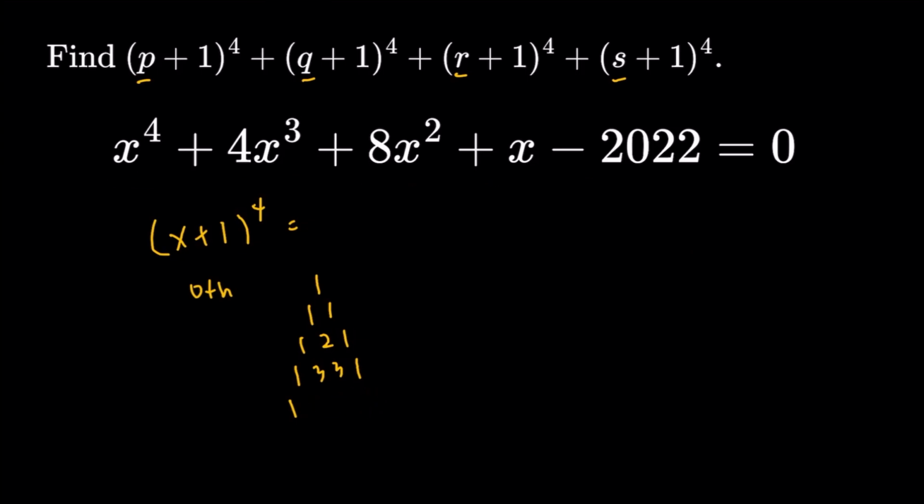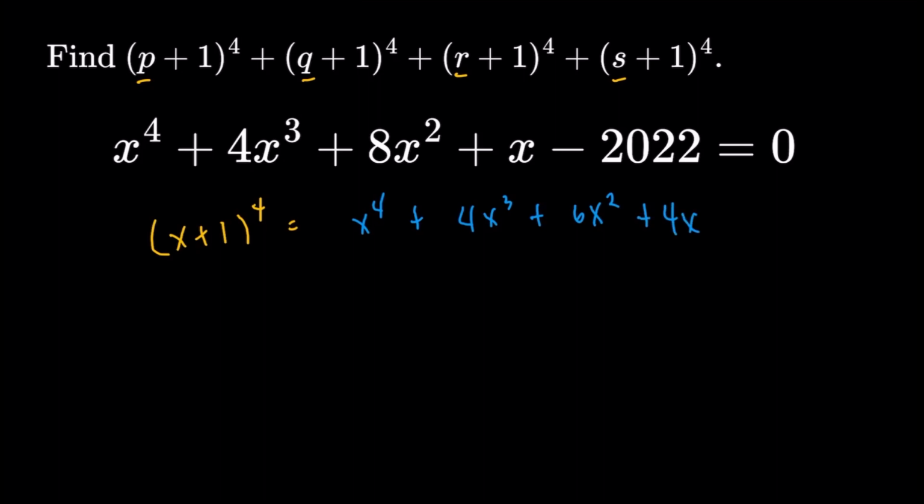If I expand x plus 1 raised to the fourth, now that I know the coefficients are 1, 4, 6, 4, 1, it's going to be x to the fourth plus 4x cubed plus 6x squared plus 4x plus 1, right? So technically speaking, this has a coefficient of 1, then the 4, 6, 4, and 1 will follow like this.